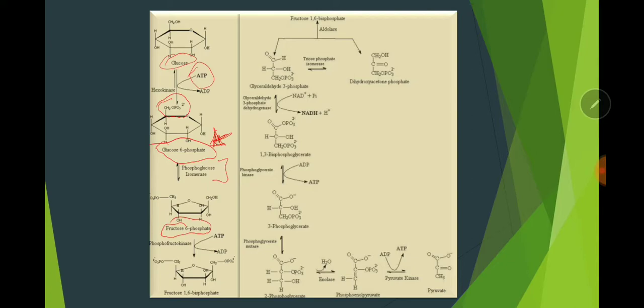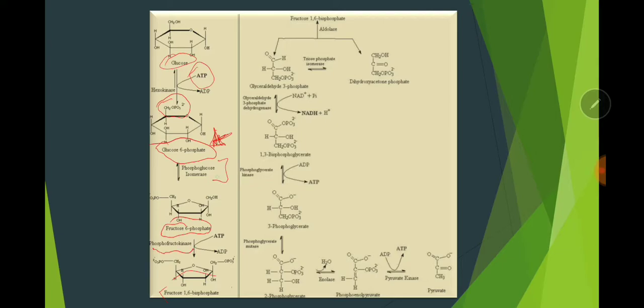Remember the difference between glucose and fructose in terms of the structure: both of them are 6 carbon sugars. However, glucose has a 6-member ring, whereas fructose has a 5-member ring. Okay, and so for you to get the fructose 1,6-bisphosphate, you need phosphofructokinase.